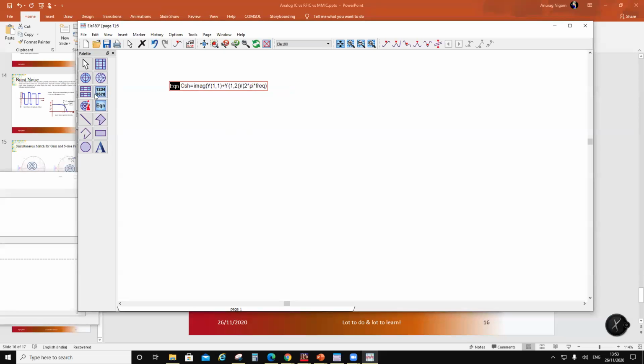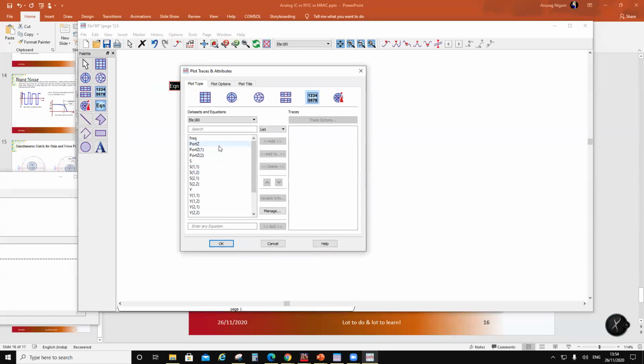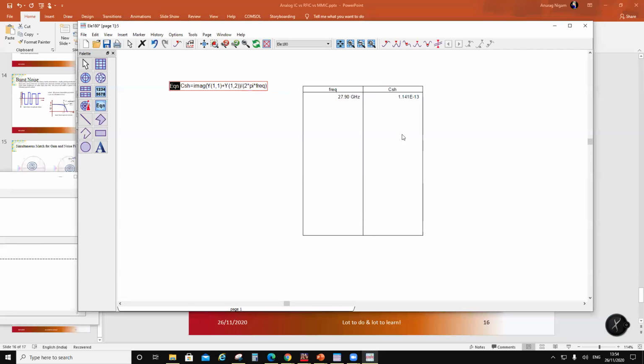Done. So this is my shunt element. Let me calculate this. So this is around 11.4 picofarad.